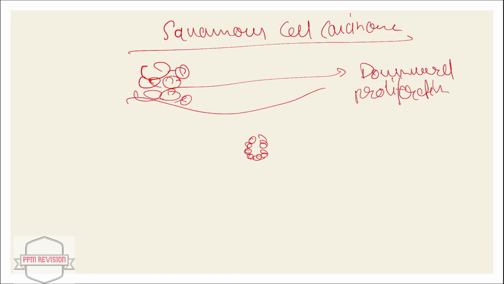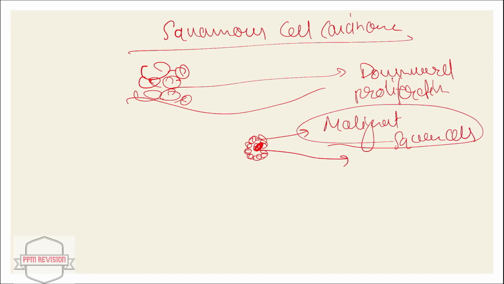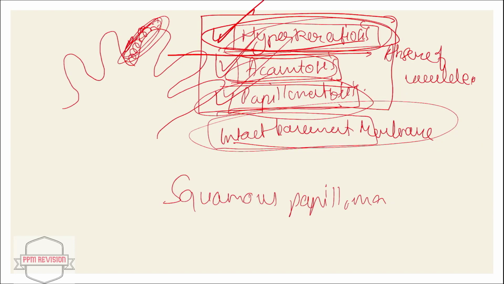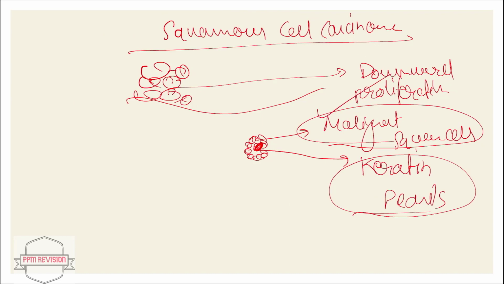Now looking at the keratin pearl, this is nothing but the keratin pearl. There are malignant tumor cells, malignant squamous cells, present along with the keratin pearl. So a very important point in squamous cell carcinoma is the presence of the keratin pearl. So here we have the keratin pearl, right? There's presence of malignant squamous cells, presence of keratin pearl, as well as downward proliferation that can be seen.